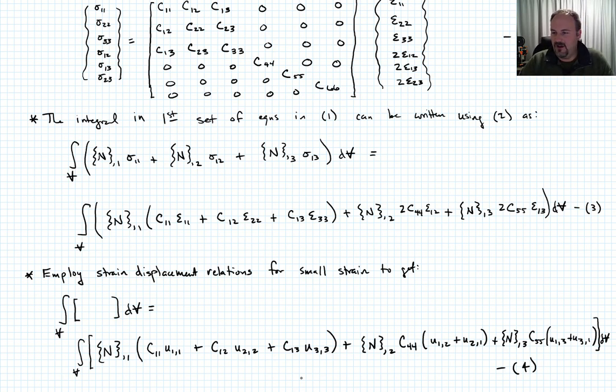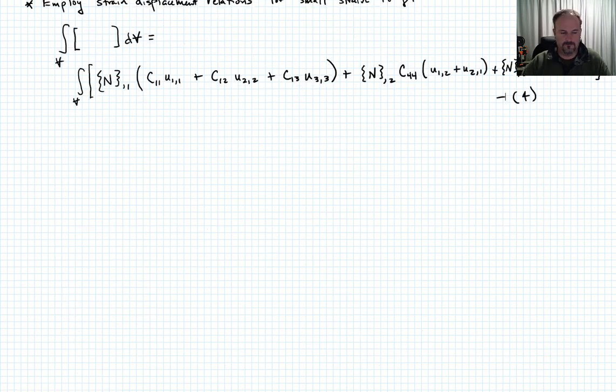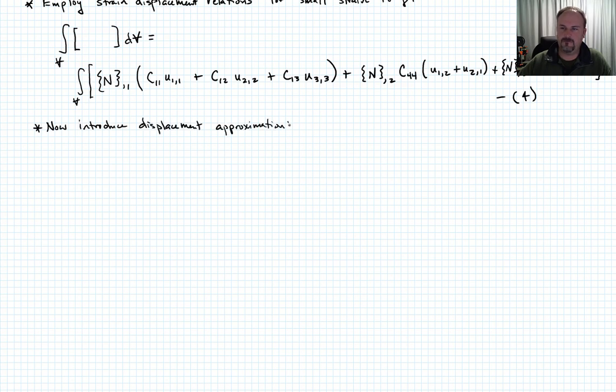Okay, so what's the next strategy? So we now have this equation written in terms of interpolation functions and displacements. Now what we want to do is introduce the displacement approximation. Okay, so let's do that. And remember what that displacement approximation said.